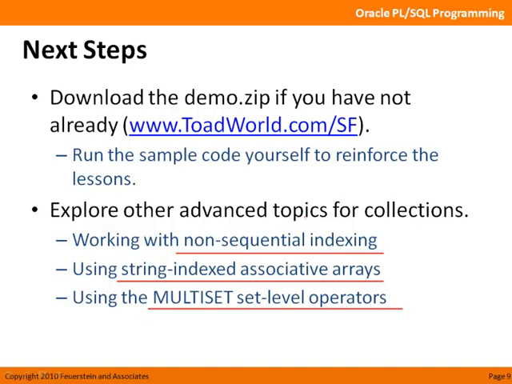The multiset that I've referenced in this lesson has to do with converting select statements, result sets, into collections. The multiset operator can also be used to perform unions, intersects, and minuses on nested tables. So it's the same keyword, but it's used in different ways. Check it out. It's really amazing stuff.